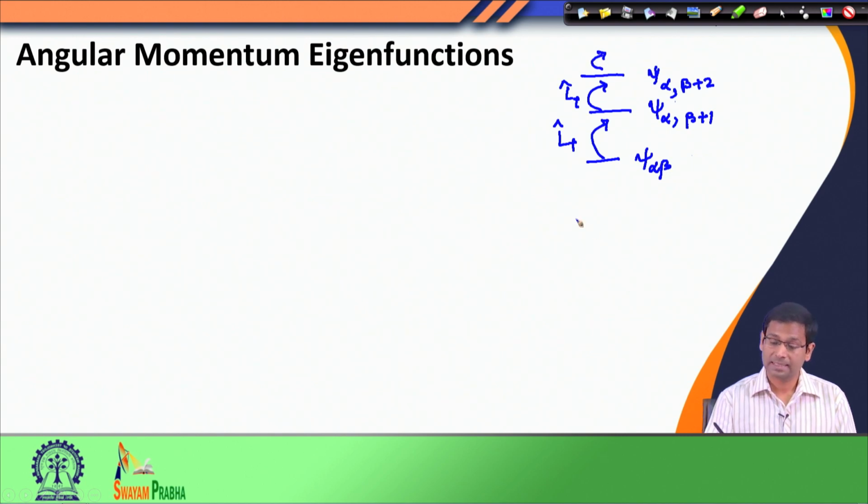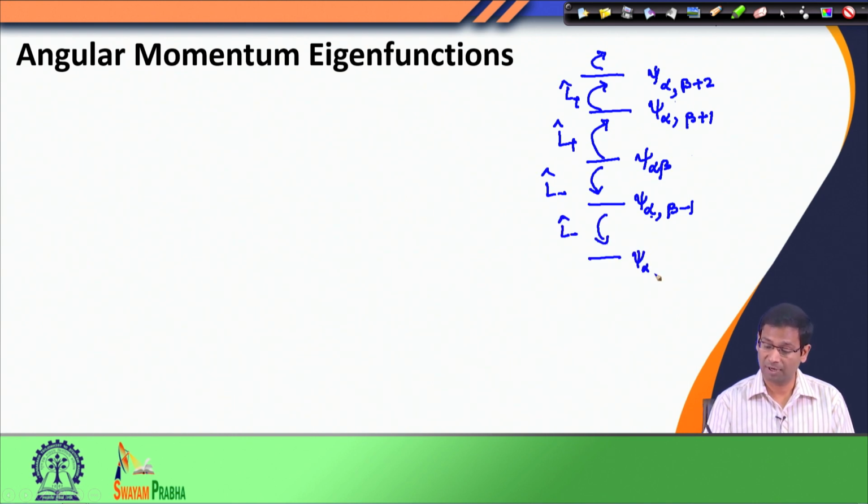Similarly, if I had applied the L minus operator instead, it is very easy to show, and I would encourage you to do this exercise for yourself, that I would get psi alpha beta minus 1, and one more time the L minus operator would give me psi alpha beta minus 2.